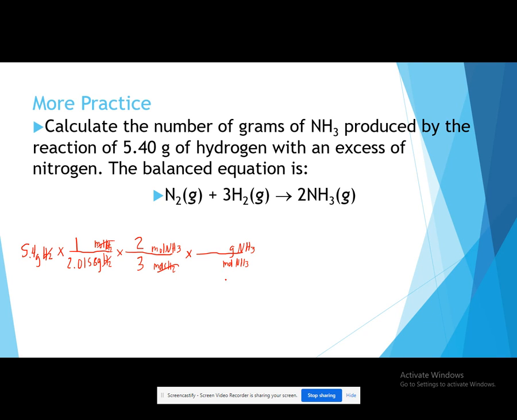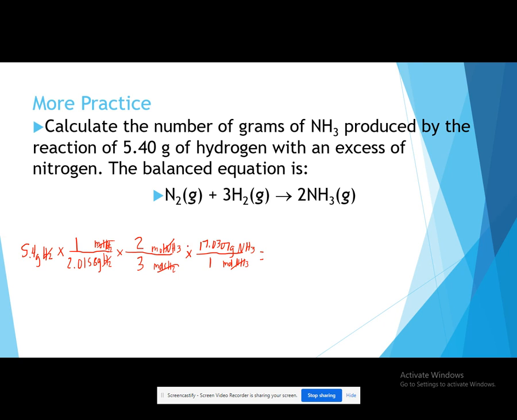Anytime you have moles and grams, that's molar mass, so there's always a 1 attached to that. And then you find the mass of NH3, which is 17.0307. And then, so you've canceled out moles of ammonia, you're left with grams.